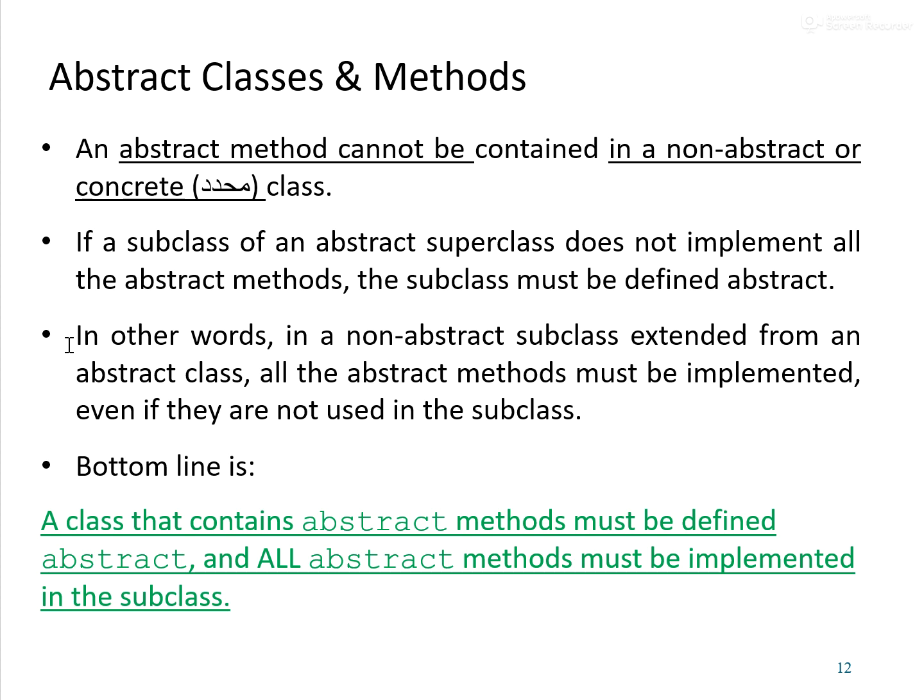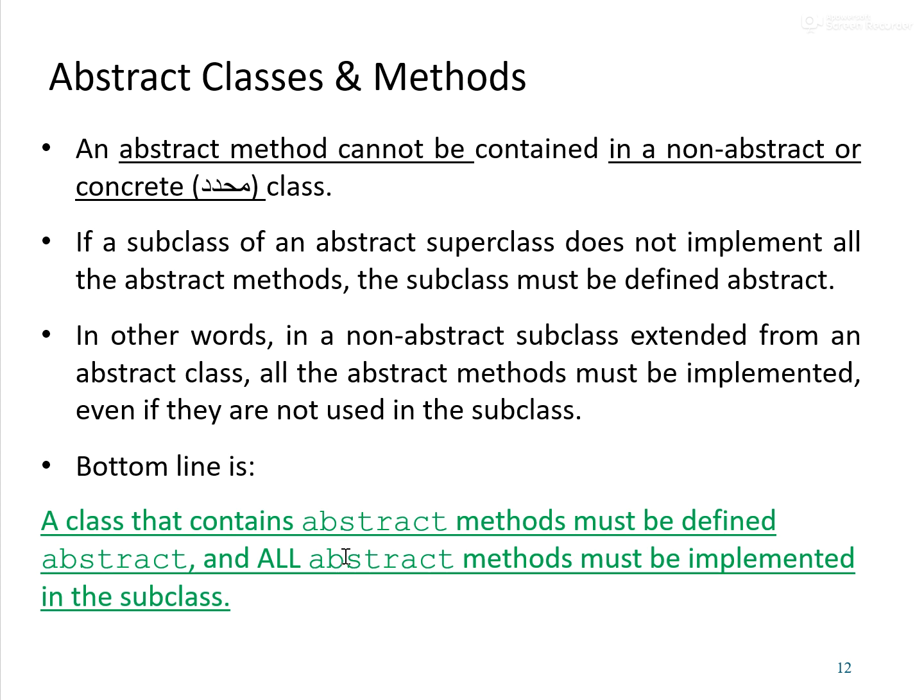So in other words, in a non-abstract subclass extended from an abstract class, all abstract methods must be implemented, like in the example that we did just now. So if you put an abstract method in any class, that class must be declared abstract.